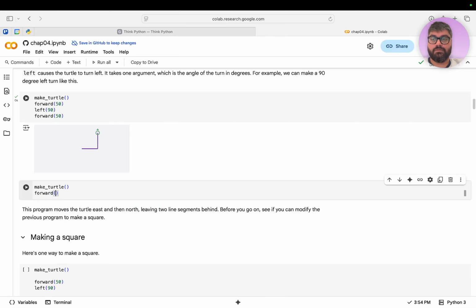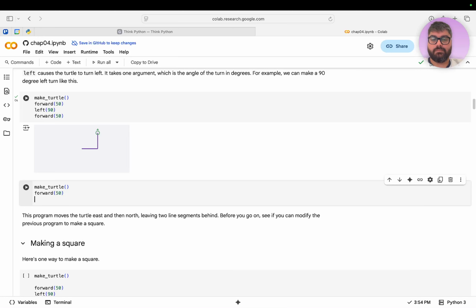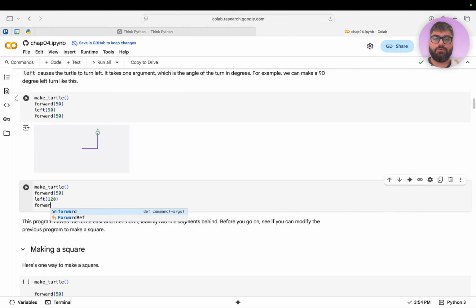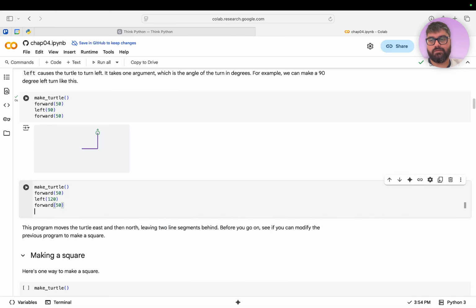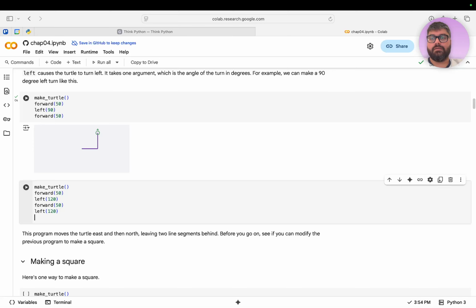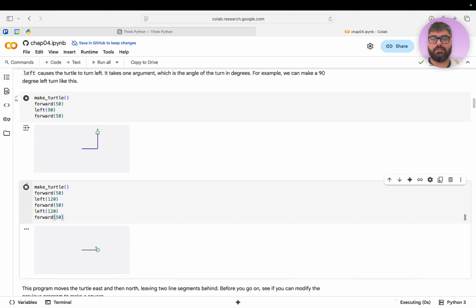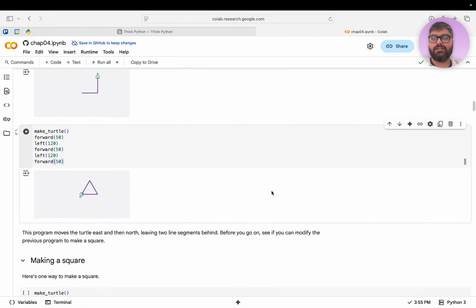Forward 50, left 60, no, not 60, 180 minus 60, so left 120, forward 50, left 120 again, and then forward 50. I believe this will make a triangle. Yup, there it is. I told you guys. An equilateral triangle.